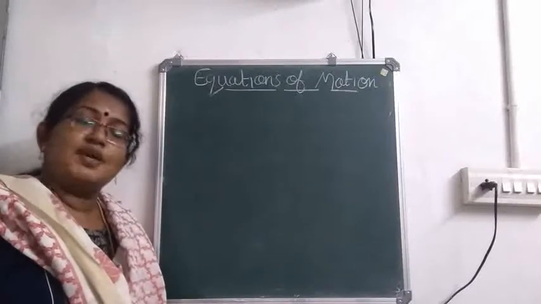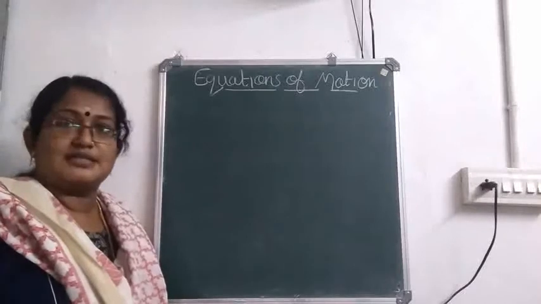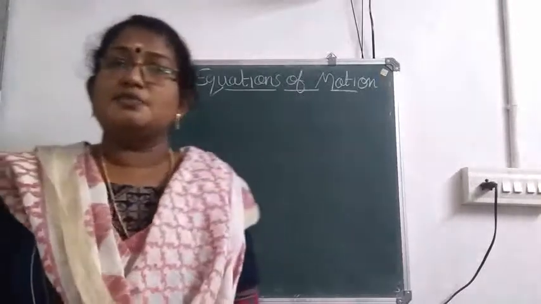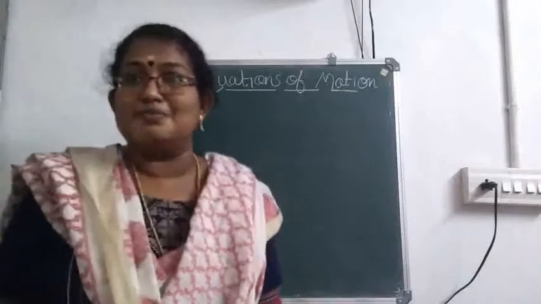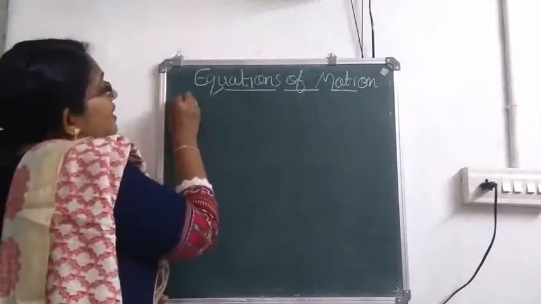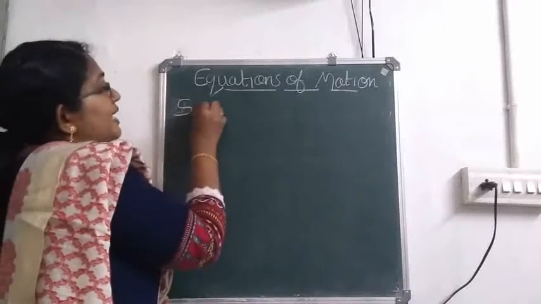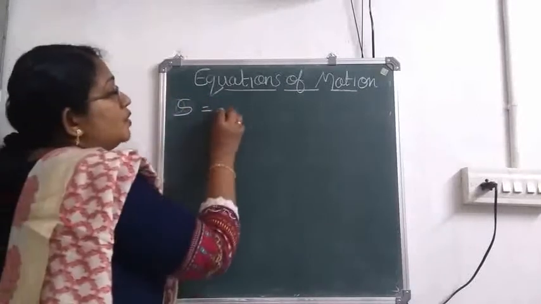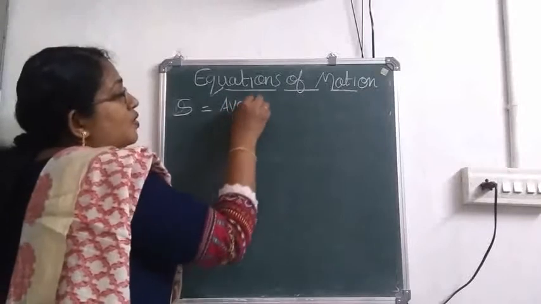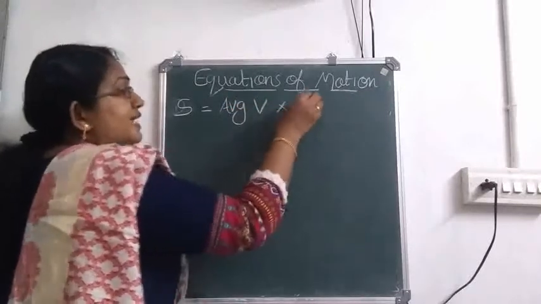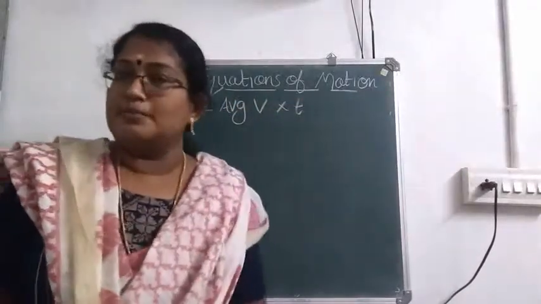So, what is the equation for calculating displacement? Velocity is displacement by time, or we can write, I'll use the equation, okay. Displacement is equal to average velocity into time. Do you remember this?